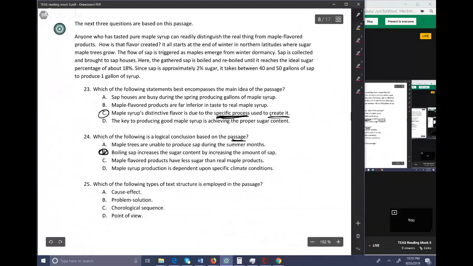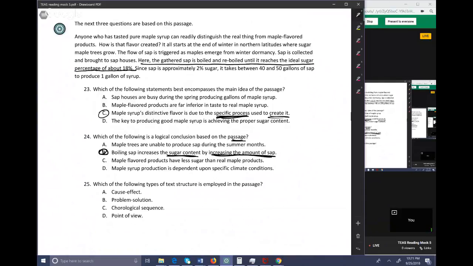And that is B, boiling sap increases the sugar content by increasing the amount of sap that comes from where it says here, the gathered sap is boiled and reboiled until it reaches the ideal sugar percentage of about 18%.